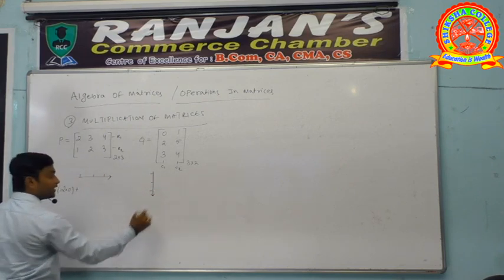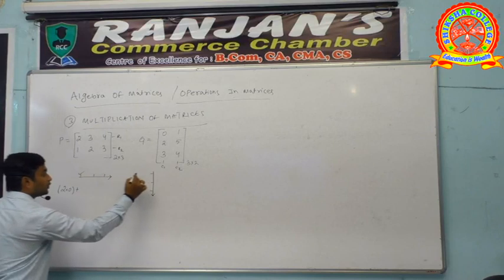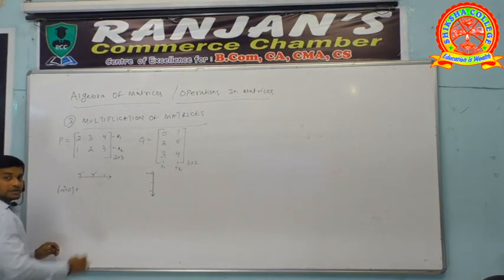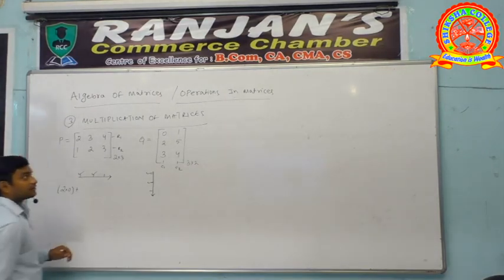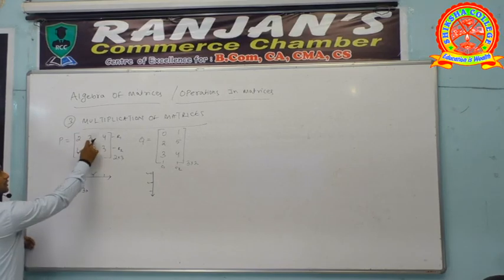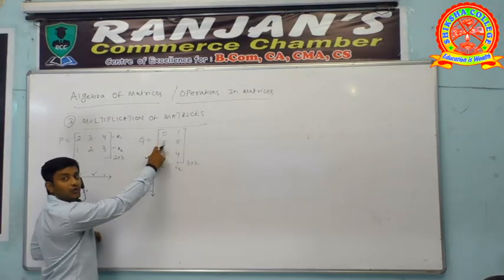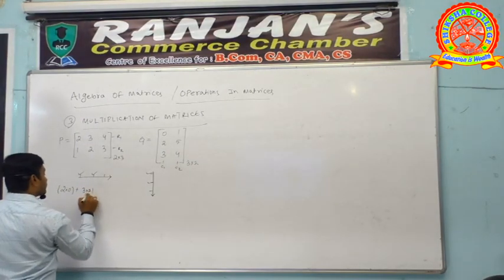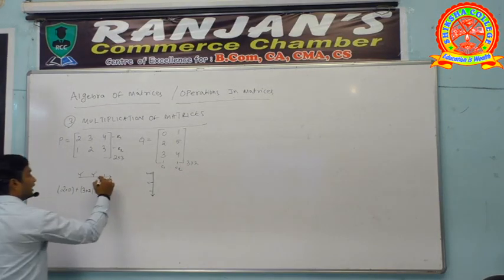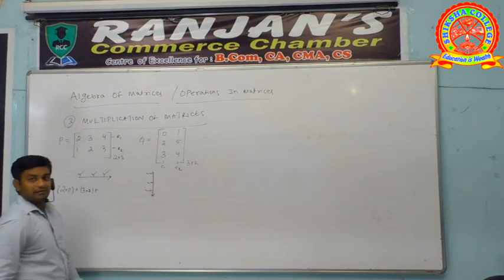So first to first, then second to second, which means 3 into 2, plus, then third to third.